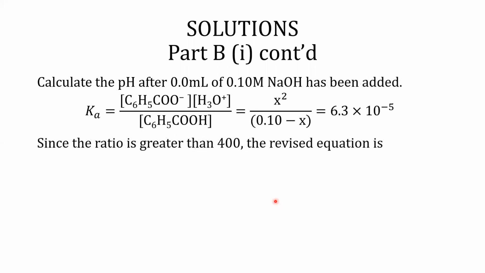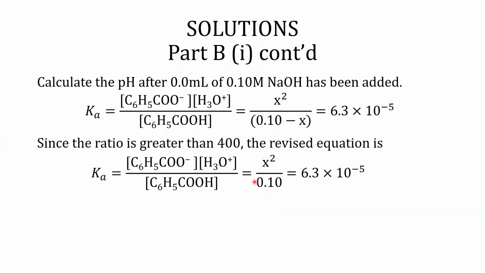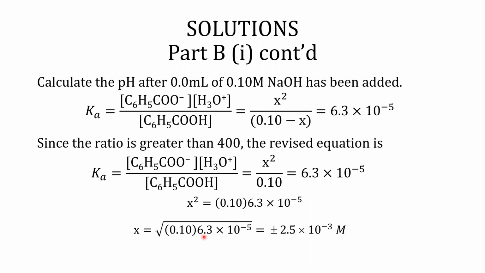The revised equation is X squared divided by 0.10 equals 6.3 times 10 to the minus 5. In solving for X, take the square root of the product of 0.10 times 6.3 times 10 to the minus 5, which equals plus or minus 2.5 times 10 to the minus 3 molar.